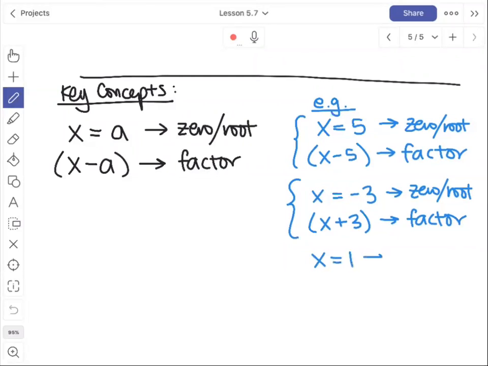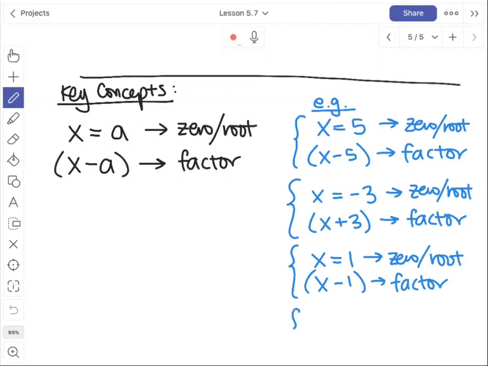If x equal to 1 is a 0 or a root, what would be a factor? X minus 1. Yeah, perfect. Exactly.